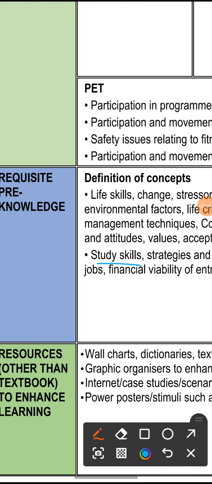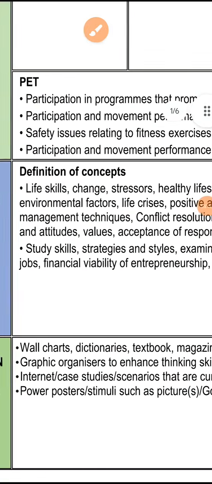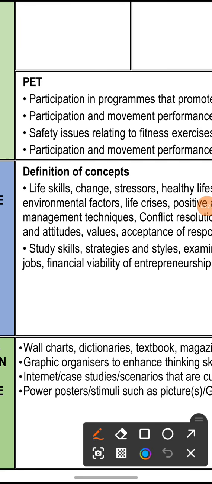They can bring anything in life orientation. The question will not repeat year after year. The previous question paper will never be the same as the present one. So be aware of that, they can bring anything.